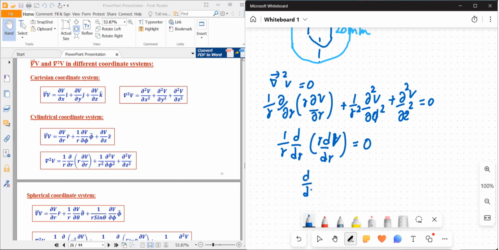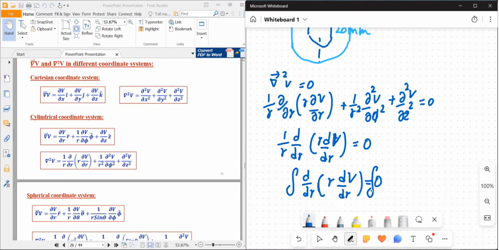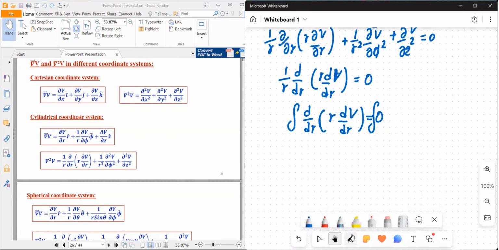So we have d over dr of r dV over dr is equal to 0. Then we can integrate both sides. So with integration, we are going to get r dV over dr is equal to a constant.